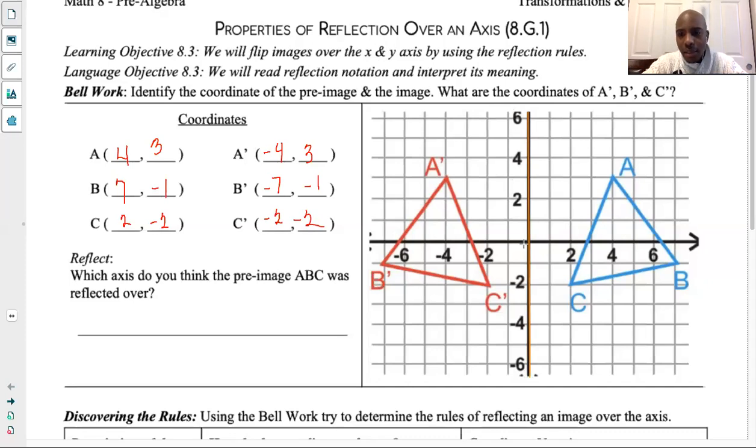And an axis is a line, rather. It could be a point, but in this case, it's a line. We're talking about lines of reflection. So the y-axis is the line of reflection here that we're using to flip this image over.